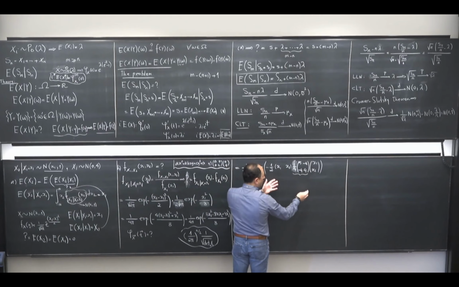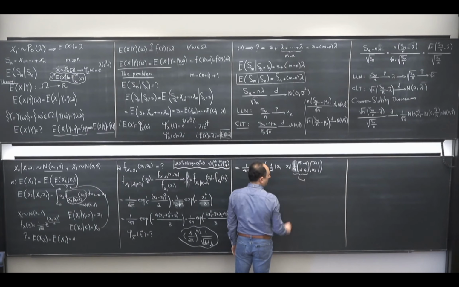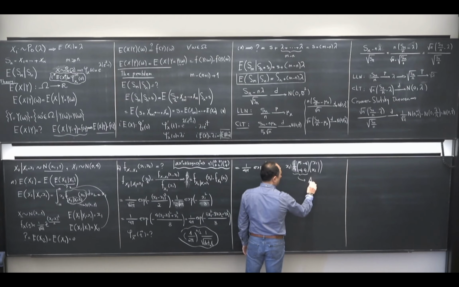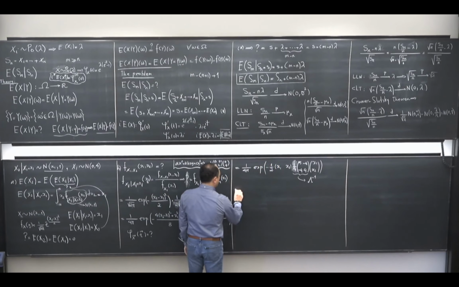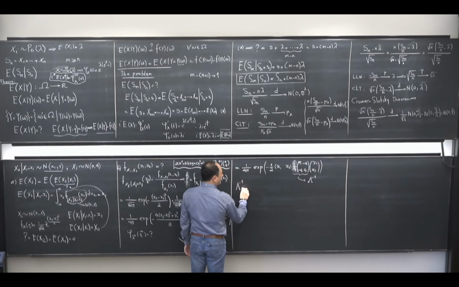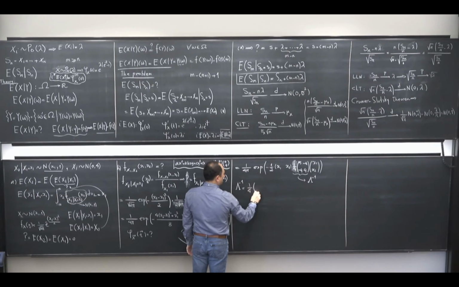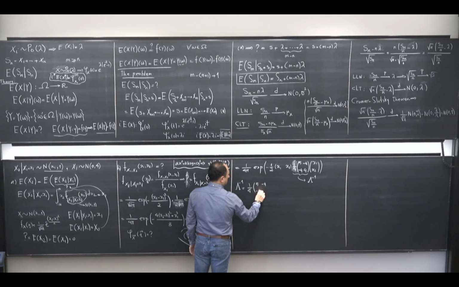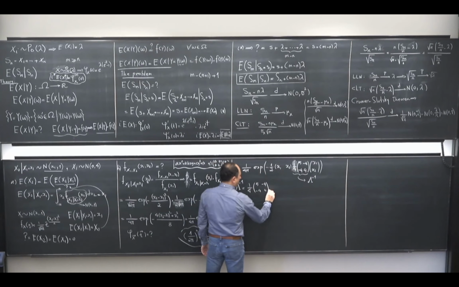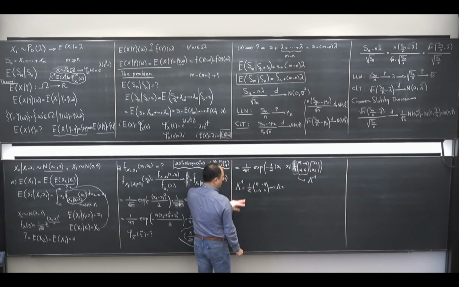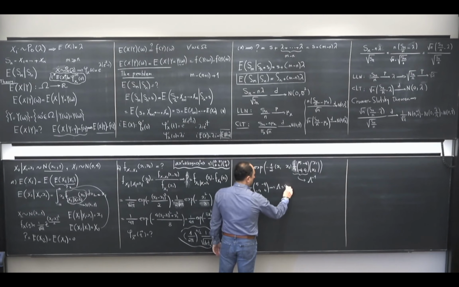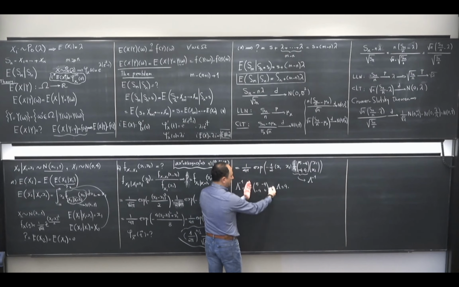If this is going to work, this should be what? This should be lambda inverse. So if that is the case, then lambda inverse becomes that matrix. So I need my lambda. So lambda becomes the inverse of this matrix. So this becomes 4 multiplied by the inverse of this, which is 1 over its determinant.